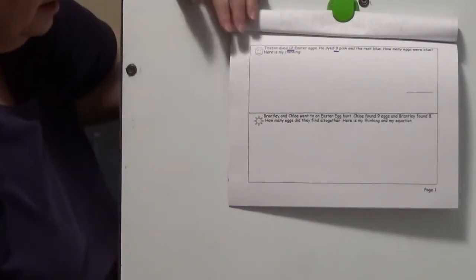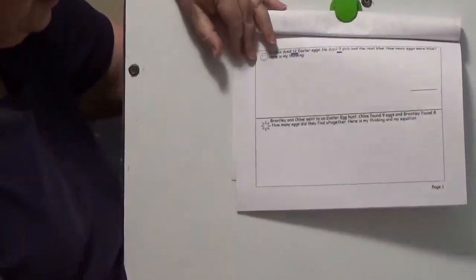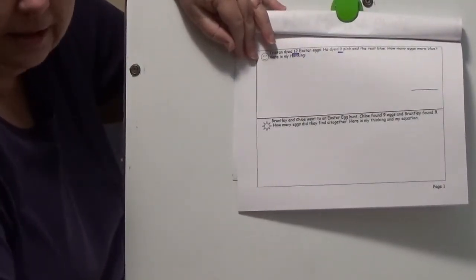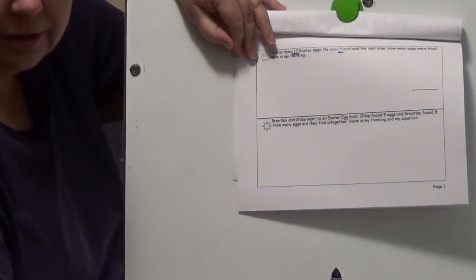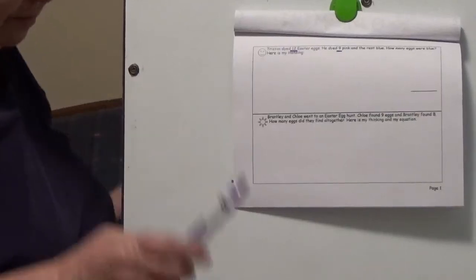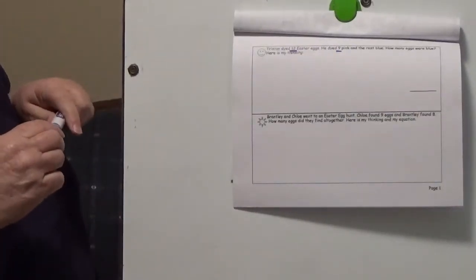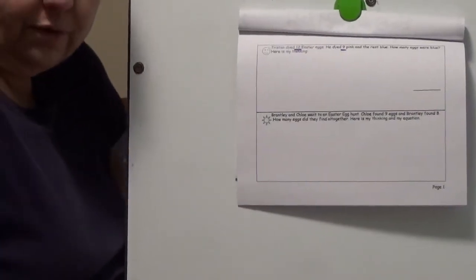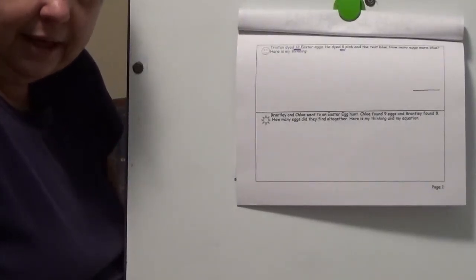Not yet. So if you have a pink and blue crayon, you can pause and get your pink and blue crayon out. I'm going to go ahead and use a marker for that. If not, we know that we can always put a P for the pink and a B for the blue.